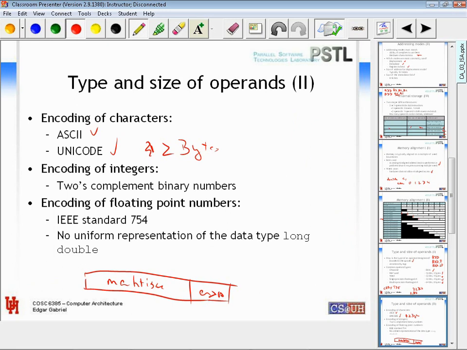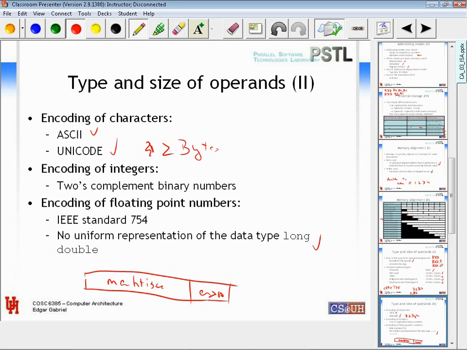This defines not just how data are represented, but also what has to happen in case of certain exceptions, in case of certain problems, like what is the result if you have a division by 0? One of the notable things which is not defined by the IEEE standard 754 is that if you are using something like a long double data type, that's actually not defined.